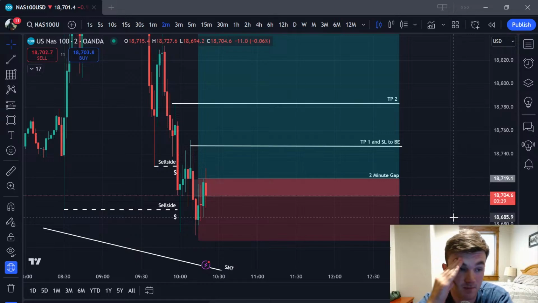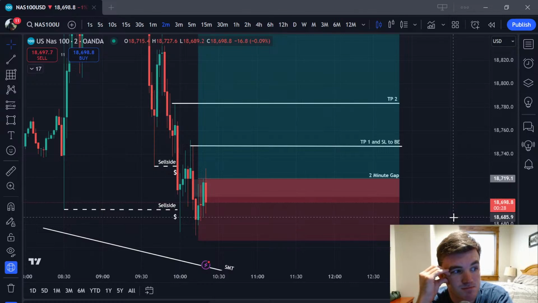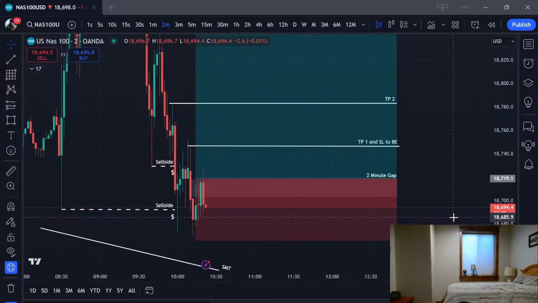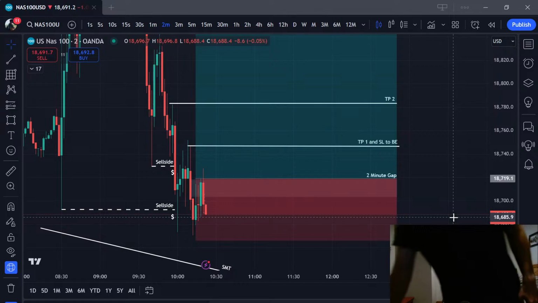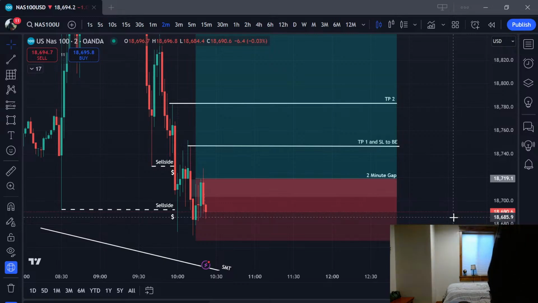Alright, we're not getting anything. Alright, I'm just gonna go chill on the bed for a bit more until we get something.